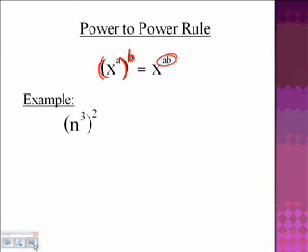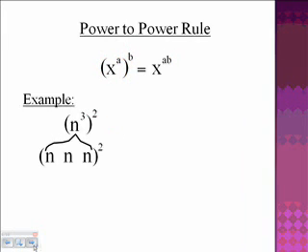N to the third raised to the second power. N to the what? N to the sixth power. 2 times 3 is 6. That's about the most basic example I can give you. Obviously, they're going to get more complicated. If you did it the long way, we wrote it all out, n to the third squared means n to the third times n to the third, right? But what's a squared literally mean? There's 2 of them.